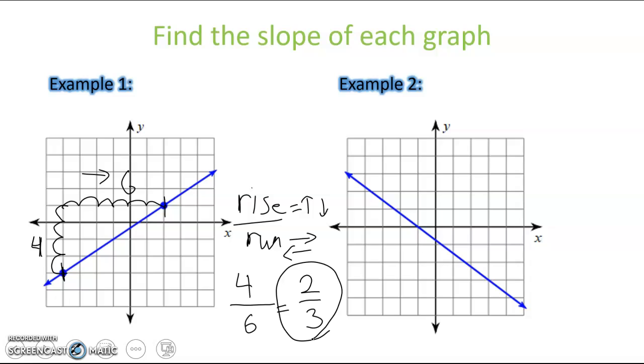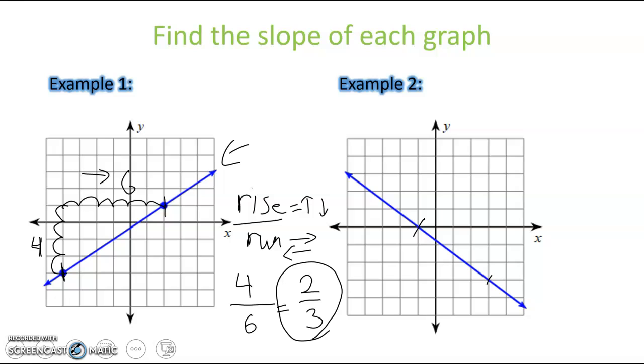Now there are going to be times where they don't give you nice points like they did with this graph here, so you have to make some points. I can tell you for certain that this point right here is at 0, negative 1. And I can tell you that this point here is at 3, negative 3.